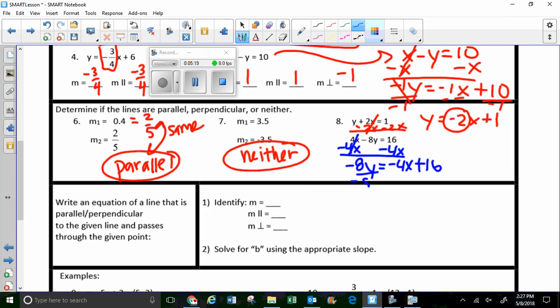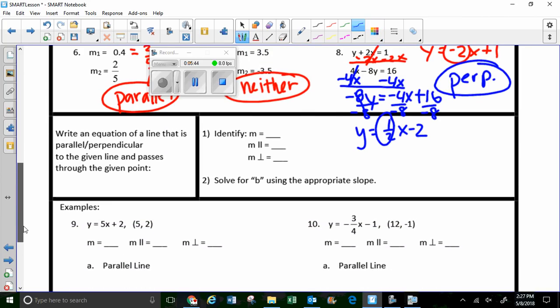Divide both sides by -8. And then y equals 1/2 x minus 2. So the slope here is 1/2. Well, I notice between these two slopes, they are opposite signs. And 1/2 flipped would give me 2. So I know that these are going to be perpendicular lines because the slopes are negative reciprocals of each other.